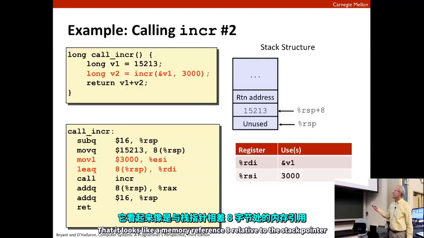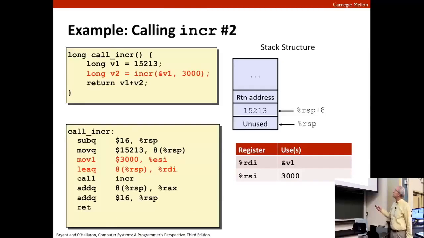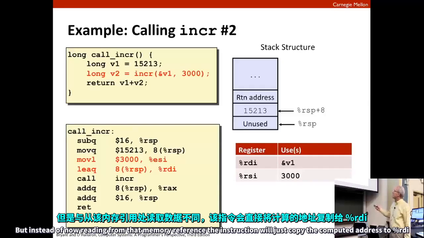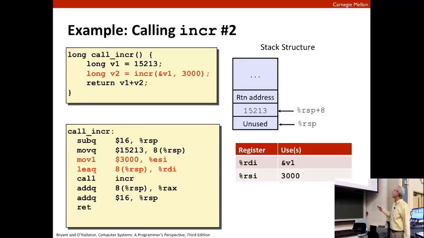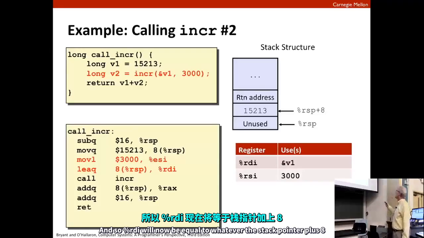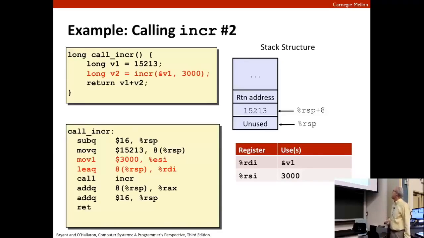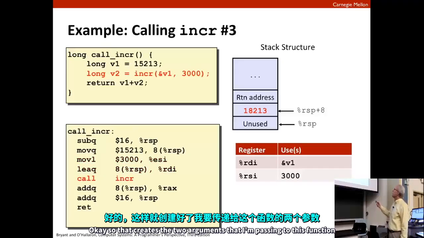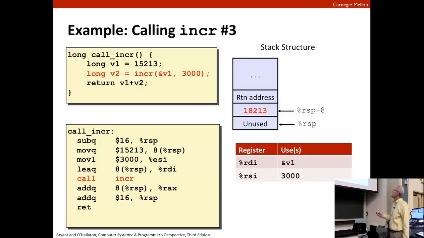It looks like a memory reference, 8 relative to the stack pointer, but instead of reading from that memory reference, the instruction will just copy the computed address to RDI. And so RDI will now be equal to whatever the stack pointer plus 8 is. Okay, so that creates the two arguments that I'm passing to this function.